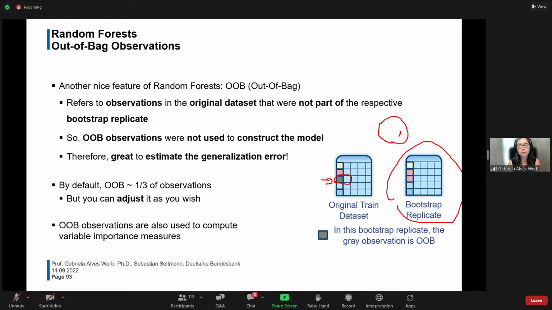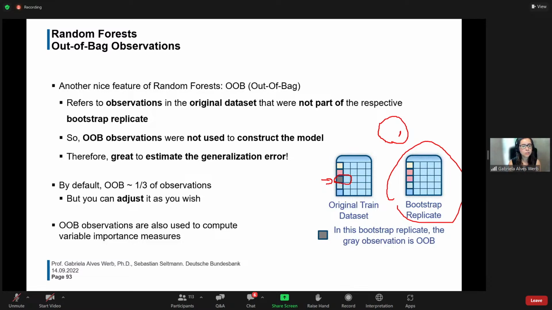typically, by default, in the algorithm, if you do not say that you want this share of observations to be different, by construction, in a standard setup, it will set aside about 1/3 of the observations, and each of these bootstrap samples has approximately 2/3 of the original observations, meaning 1/3 is just made of repeated observations in there.